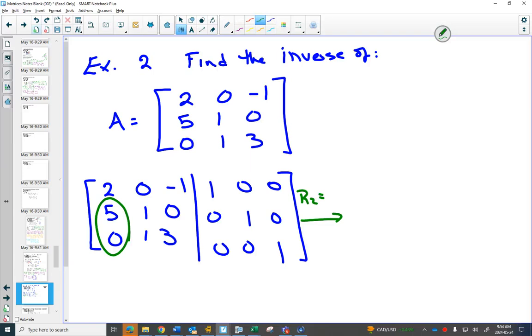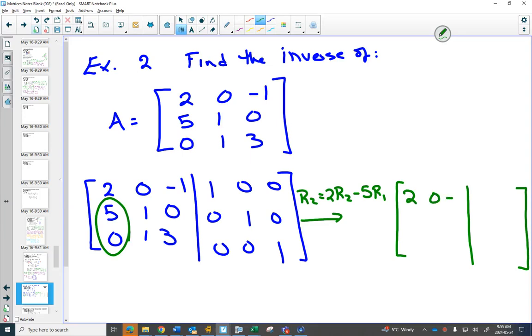Well, I could take 2 row 2's and minus 5 row 1's. Row 1 is not changing. 2, 0, negative 1, 1, 0, 0. Row 3 is not changing. 0, 1, 3, 0, 0, 1.